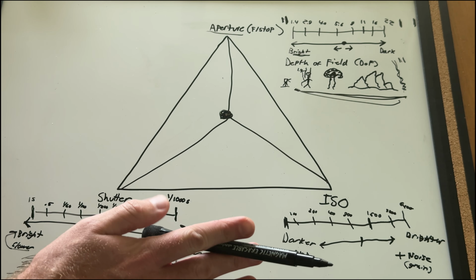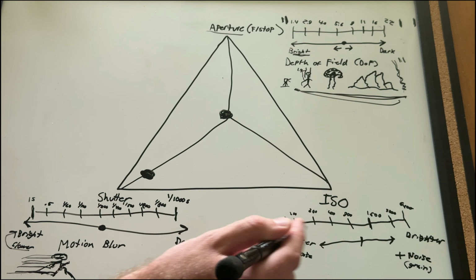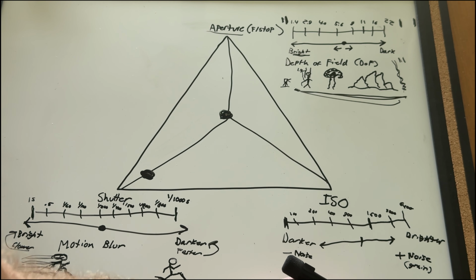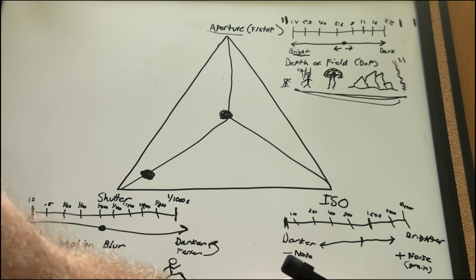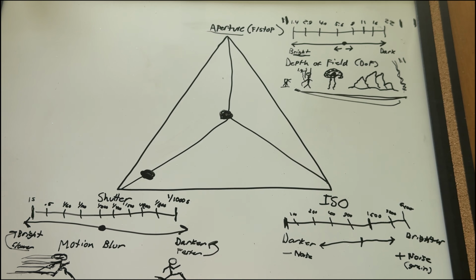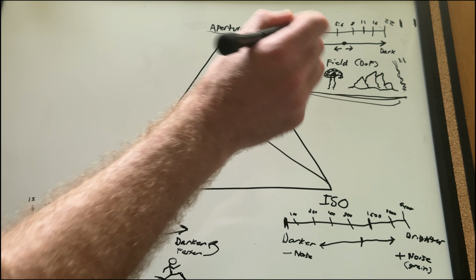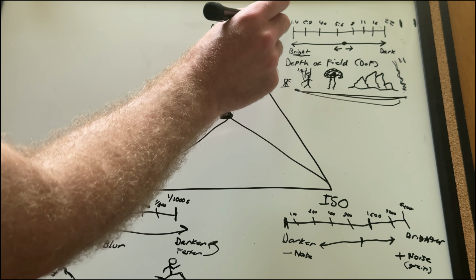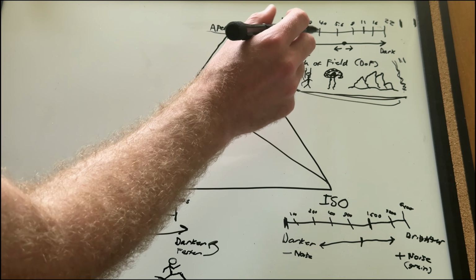You have two options. You can open your aperture to let in more light, which would reduce your depth of field, or you can raise the ISO to amplify the signal that your sensor is sending to your processor and make your image brighter. If you want to make sure you have subjects in focus, you can't go too open on your aperture. So let's say maybe you stop it down a little bit to like f4 right here, and you're still too dark.